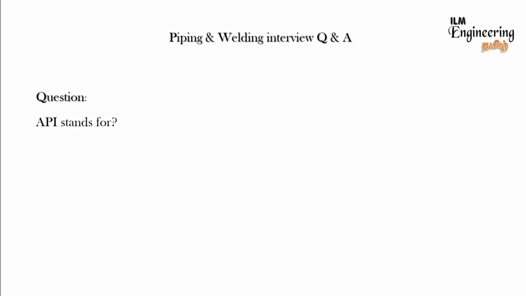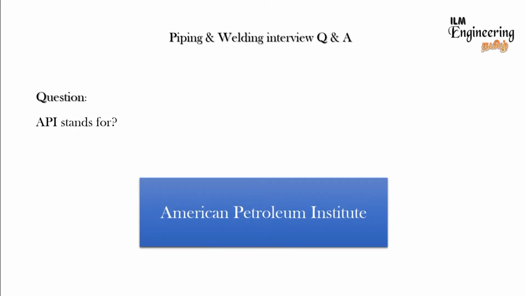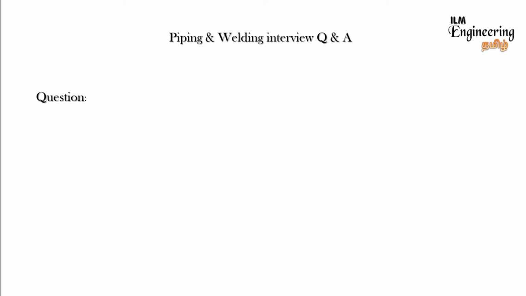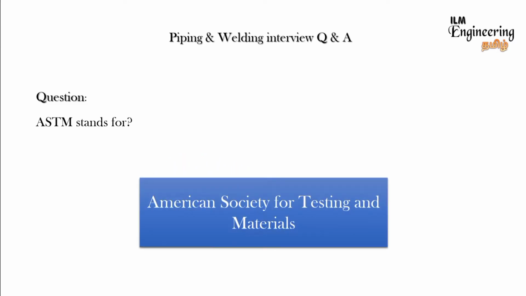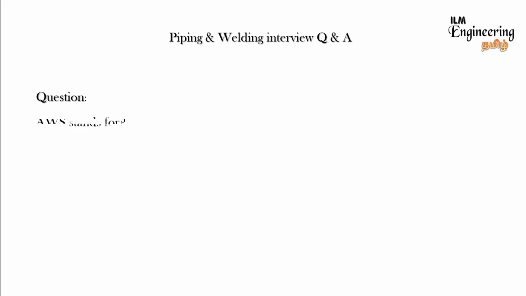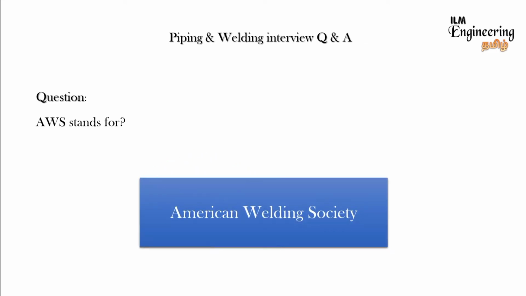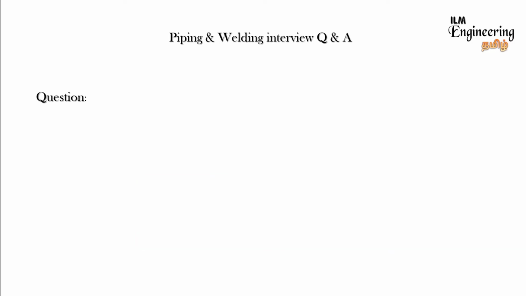API stands for American Petroleum Institute. ASTM stands for American Society for Testing and Materials. AWS stands for American Welding Society.